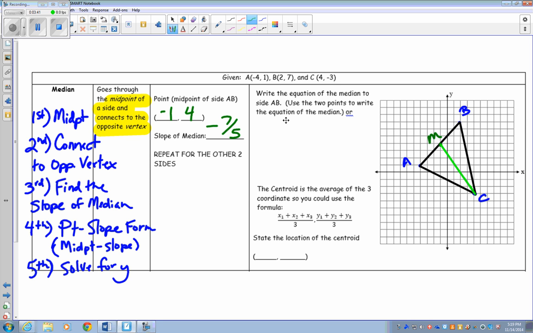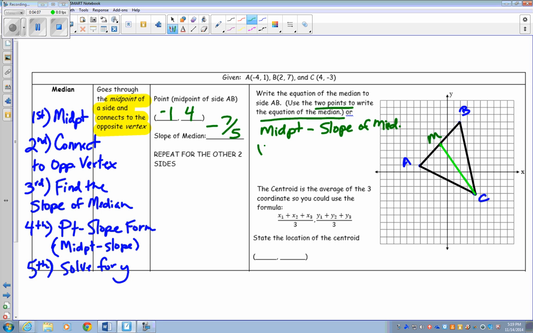To write the equation of the median of side AB, we're going to use the midpoint and the slope of the median, because then I can put it into point-slope form.